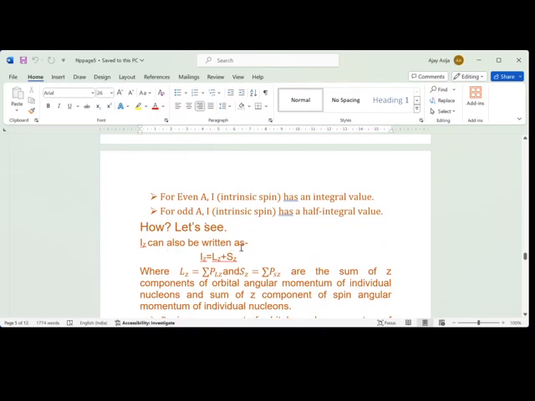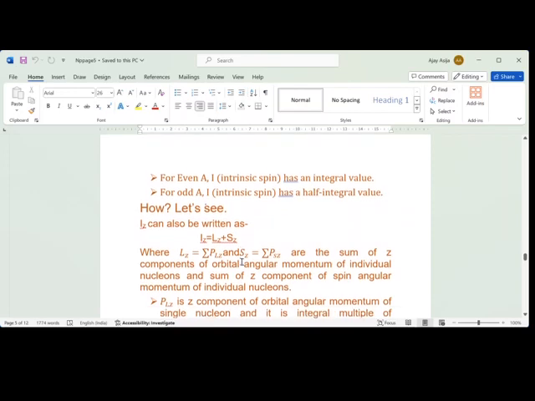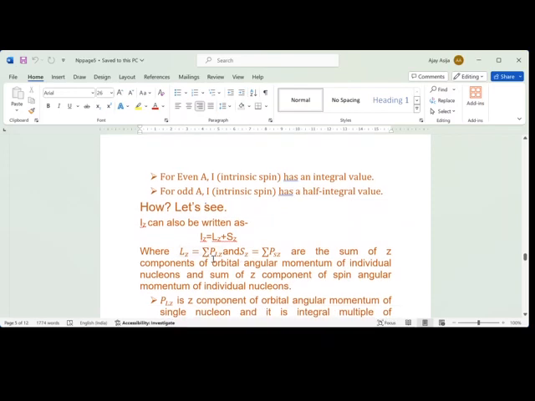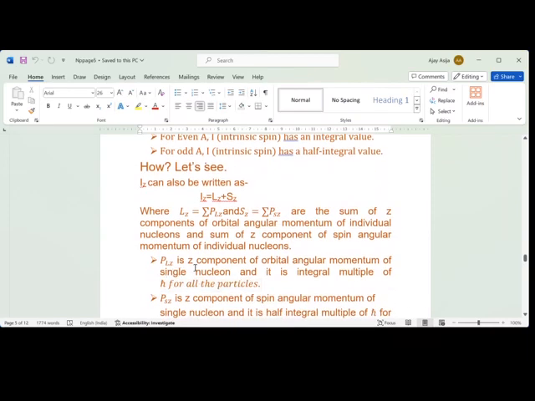Iz can also be written as Iz is equal to Lz plus Sz. Lz is the sum of PLZ, Sz is the sum of PSZ. What are PLZ and PSZ? PLZ is the Z component of orbital angular momentum of a single nucleon, and we have taken the summation over all the nucleons to find the total orbital angular momentum.